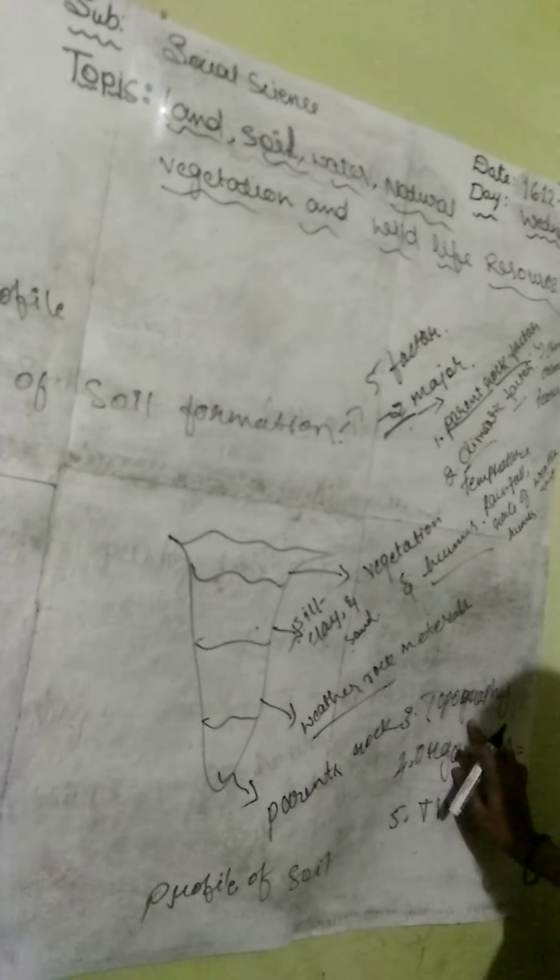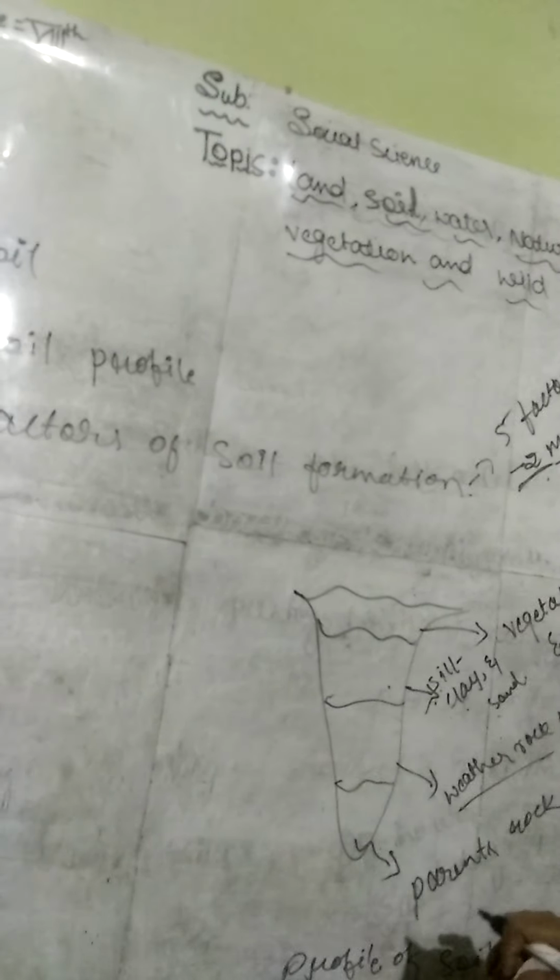In topography we see the relief, where altitude and slope determine the accumulation of soil. In organic material we see the flora, fauna and microorganisms which affect humus formation.